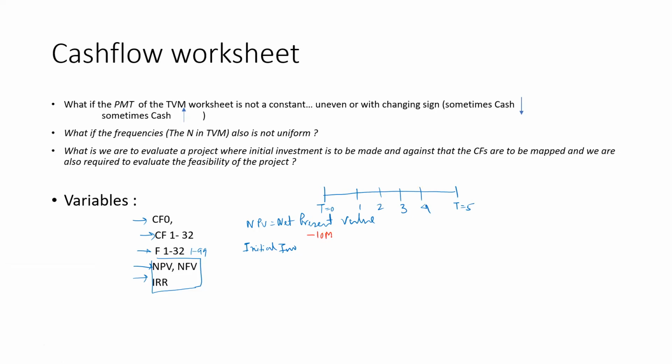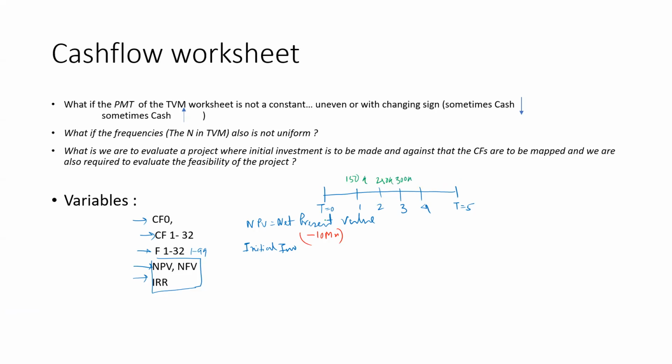Now, I did take the example of the last class wherein a 10 million investment is being made at time t is equal to 0, and then there are certain cash flows being generated over the years. You could have, let's say, a cash flow in the first year of 150,000 US dollars. Second year it is 250,000. Third year maybe it is 300K, and so on and so forth.